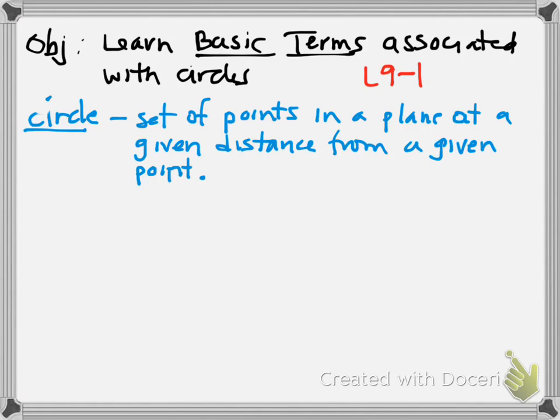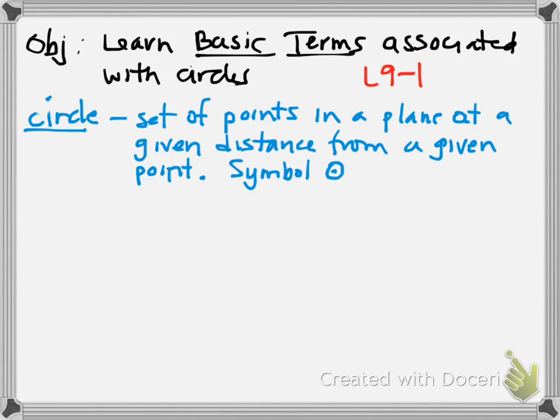And the symbol, strangely enough, looks like a circle. But to make sure it doesn't look like a letter or a number, you put a little dot inside of it.